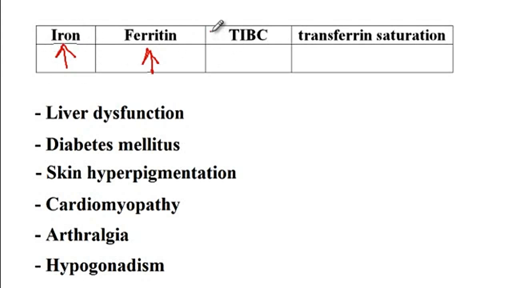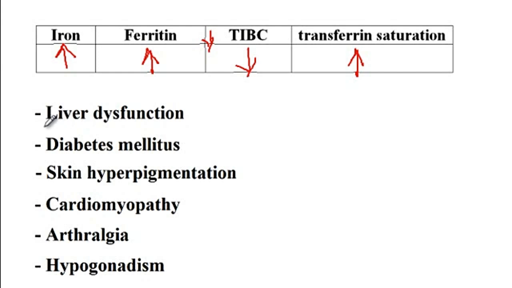So transferrin is low in these patients, and thus total iron binding capacity is also decreased. Since we have a low level of transferrin but a high level of iron, all the sites on transferrin are saturated. So the transferrin saturation is also increased in these patients. So: increased iron, increased ferritin, decreased total iron binding capacity, and decreased transferrin, but the transferrin saturation is elevated.